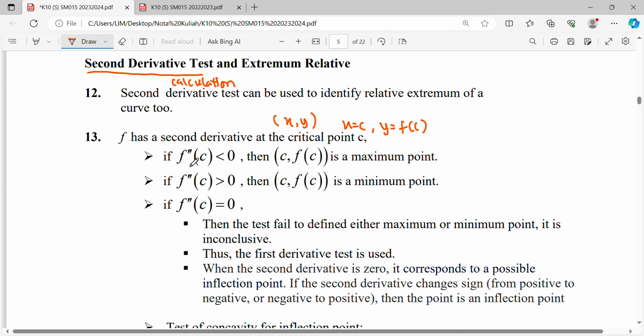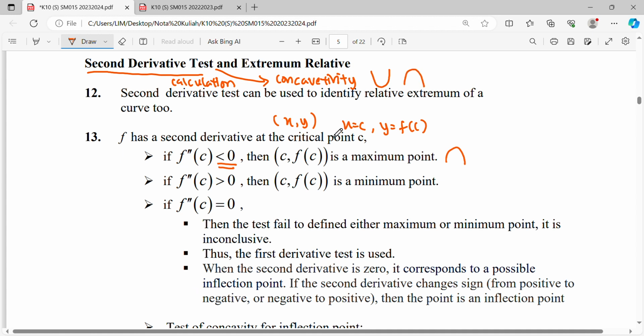We do the calculation. If we get a result less than 0, it means the curve is concave downward. So the second derivative test is a test about concavity. This is concave upward, this is concave downward.